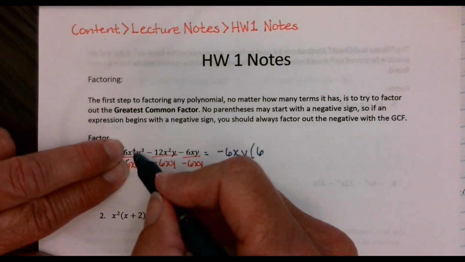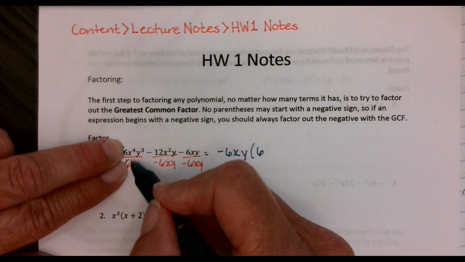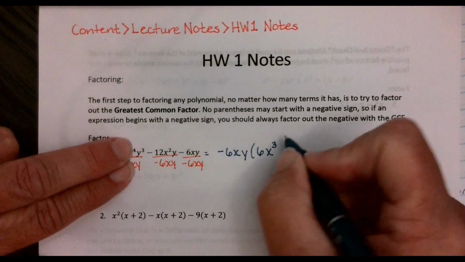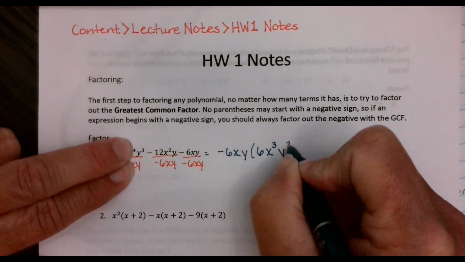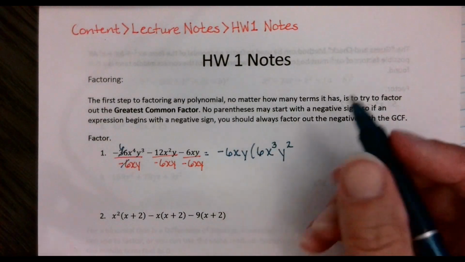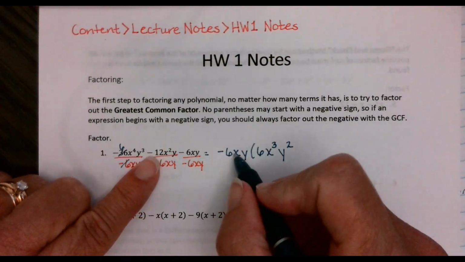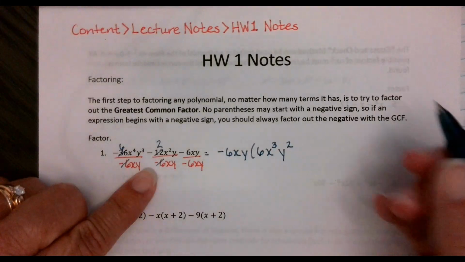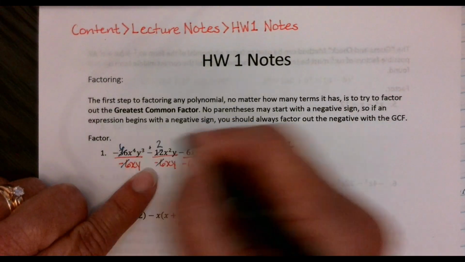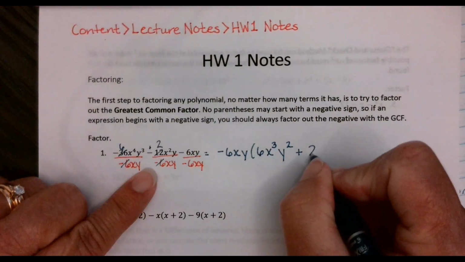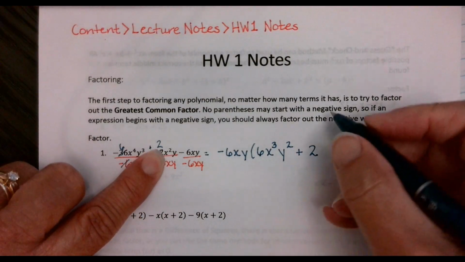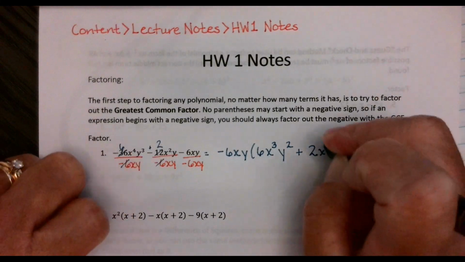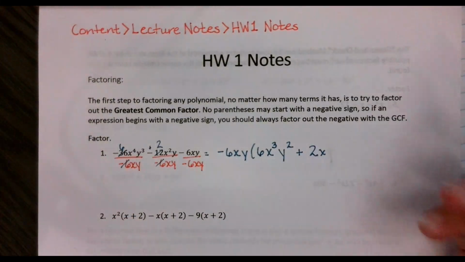Then, remember, we're dividing, so we subtract our exponents. So we have x to the third, y to the second. Here, I'm going to divide by a negative 6 again. It'll give us a positive 2. Now I subtract my exponents and I get x, and then y to the 0, which is just 1, so we don't need that.